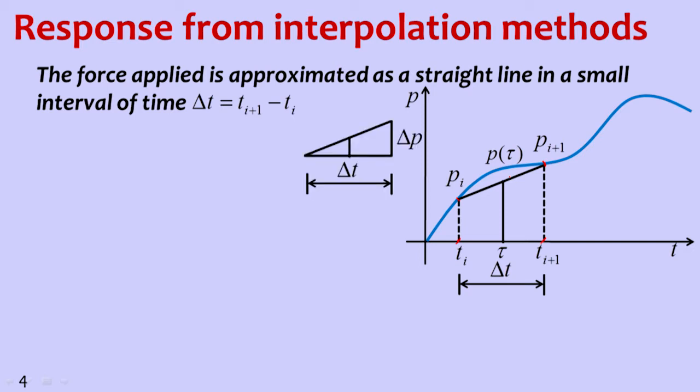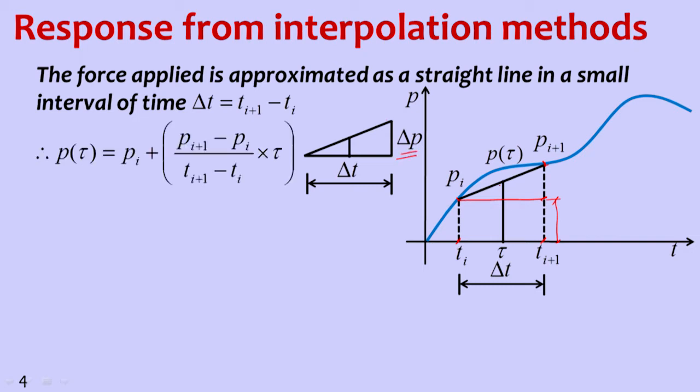As you can see, delta t is drawn separately here, and this is delta p. Delta p is nothing but pi plus 1 minus pi. So pi is this much quantity, and then pi plus 1 is the full quantity. We want this, that is delta p, and this is delta t. Now how do we get p at any time instant in between ti and ti plus 1?